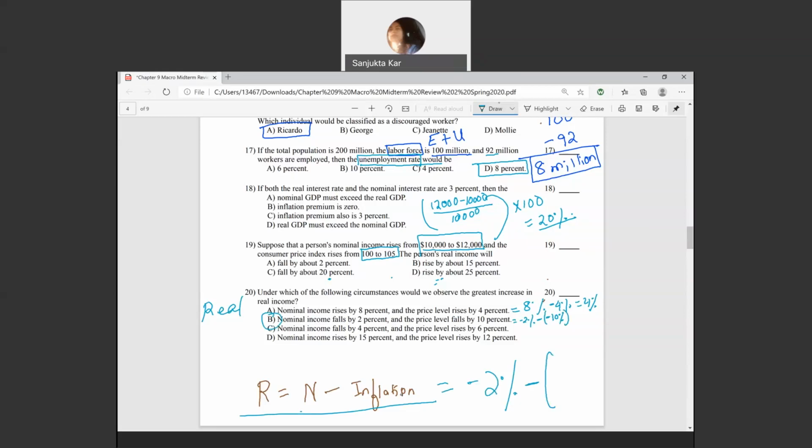Over here, price is going down by 10%, so I have a deflation here. So this is just negative 10%. Now, this is going to be negative 2%. I have two negatives, so this is going to be equal to 10%. So my result here is 8%. That's what I'm going to write here. This is equal to 8%.